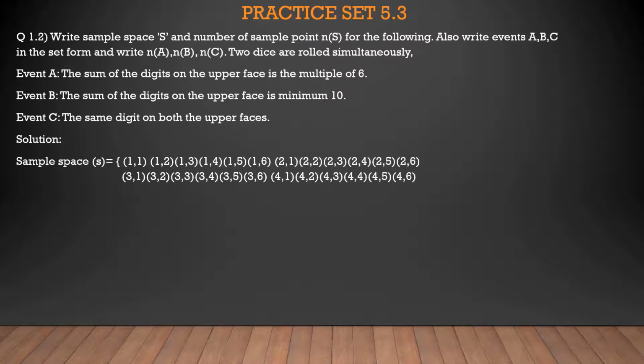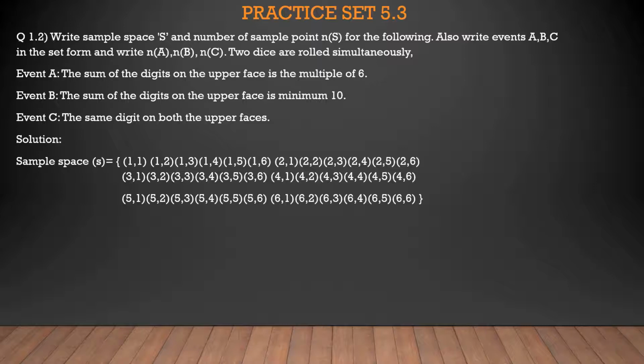Solution. Sample space is (1,1), (1,2), (1,3), (1,4), (1,5), (1,6), (2,1), (2,2), (2,3), (2,4), (2,5), (2,6), (3,1), (3,2), (3,3), (3,4), (3,5), (3,6), (4,1), (4,2), (4,3), (4,4), (4,5), (4,6), (5,1), (5,2), (5,3), (5,4), (5,5), (5,6), (6,1), (6,2), (6,3), (6,4), (6,5) and (6,6).